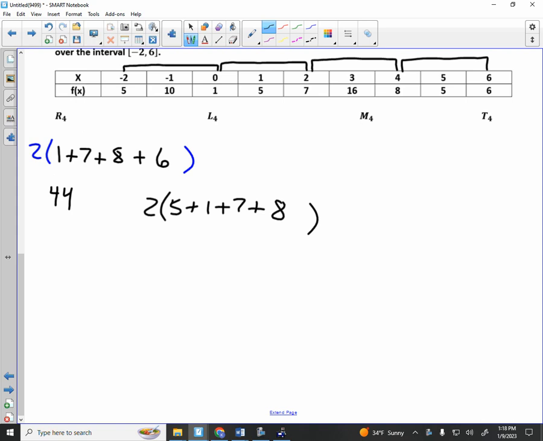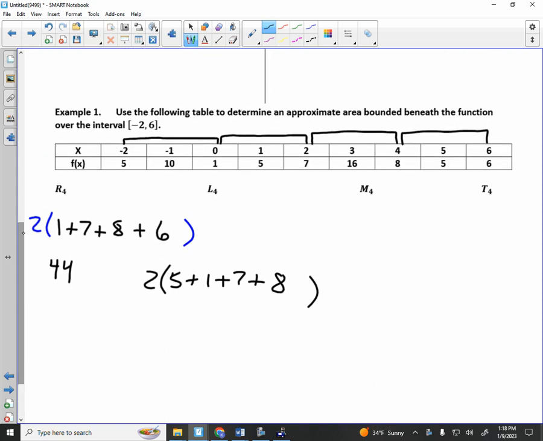Okay, let's pause. Let's talk about it. Does the width of each rectangle change? No, it does not. But please look at where we start now. Do we evaluate the height at 0 or do we evaluate the height at -2? At -2, when you plug that in, you get 5. Then you evaluate the height at 0 and you get 1.